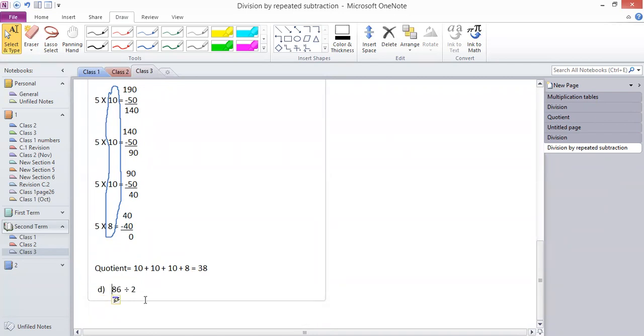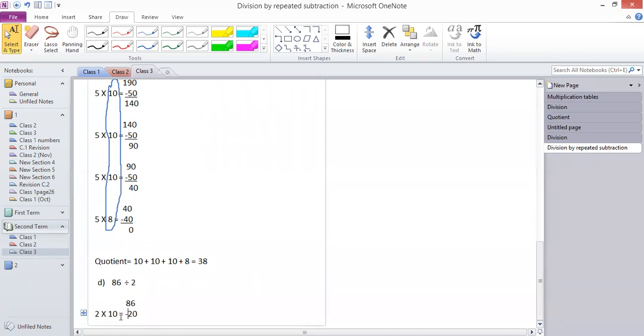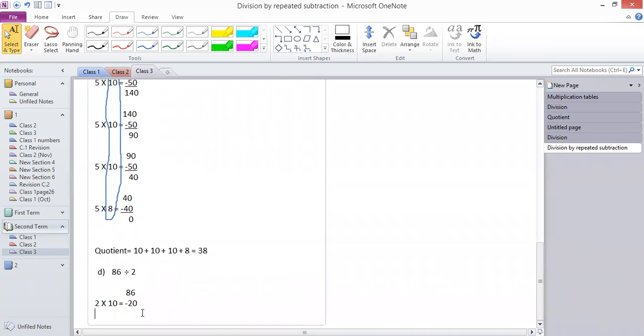So if you could not finish it in class, then you will have to complete it by yourself. Okay. 86 divided by 2. It's very simple. Multiply 2 by 10. This will give you 20. From 86, when you subtract 20, it will be 6 minus 0, 6, 8 minus 2, 6. It will be 66.